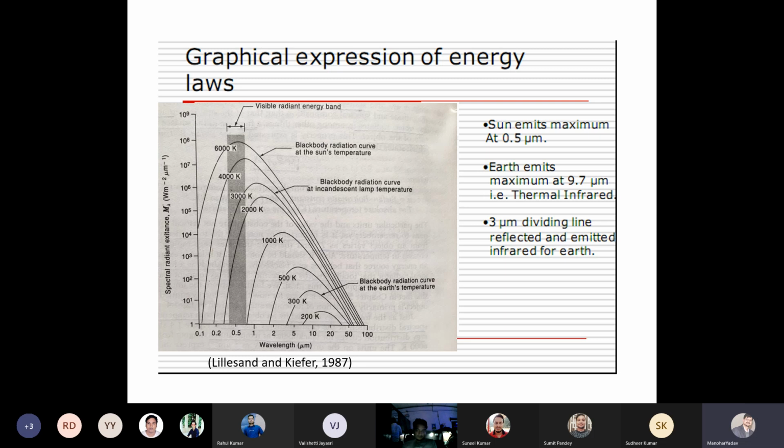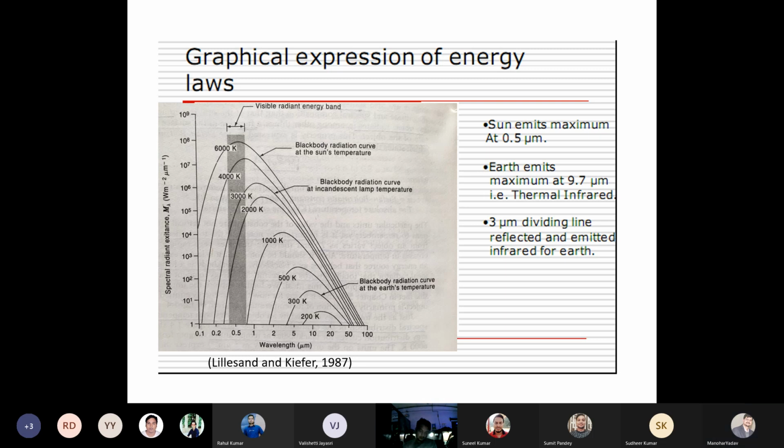Our eyes are sensitive in that particular spectral band where the existence of energy is maximum across all bands.